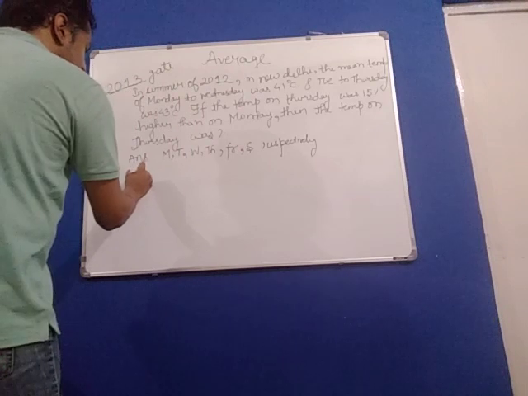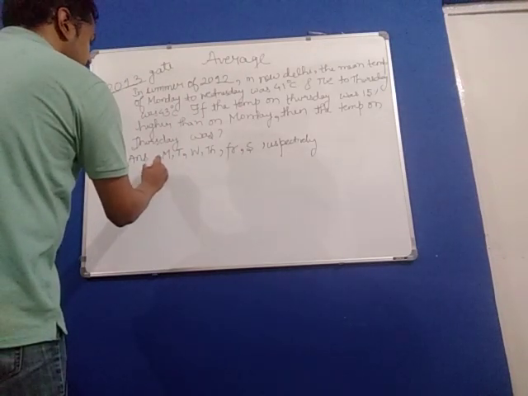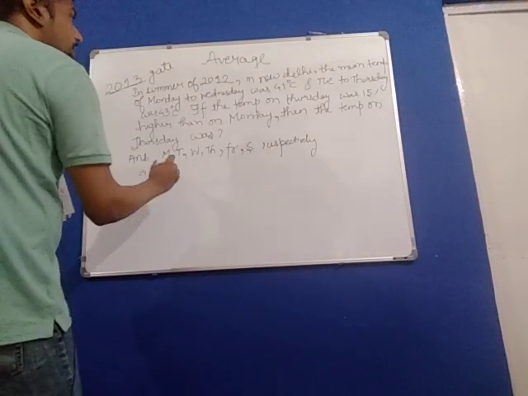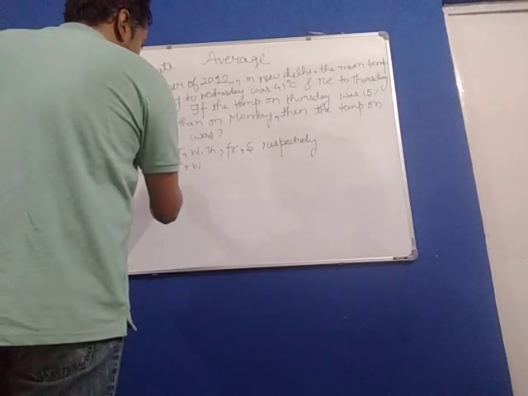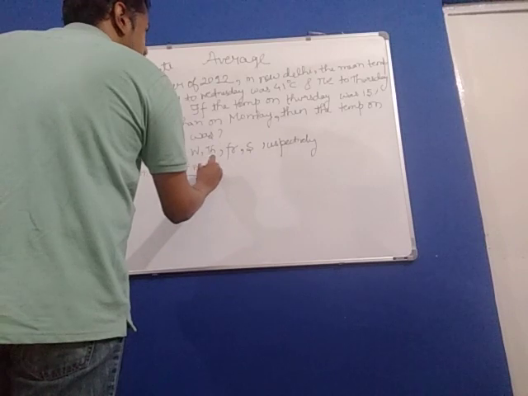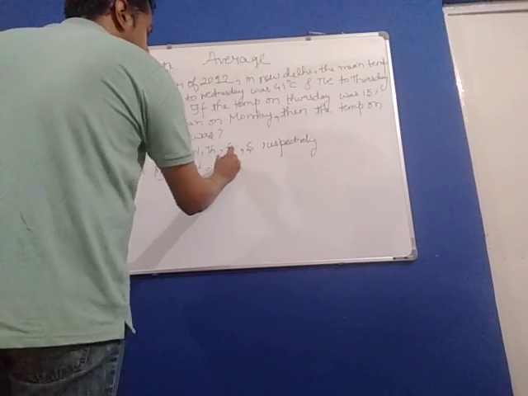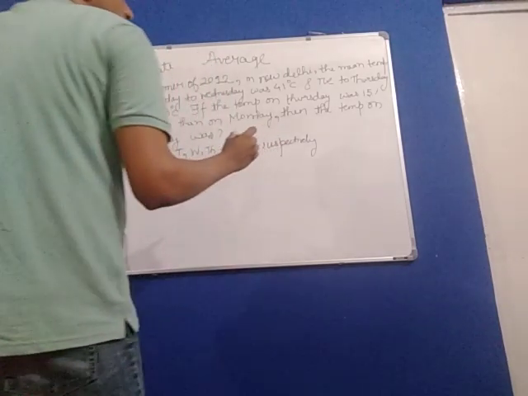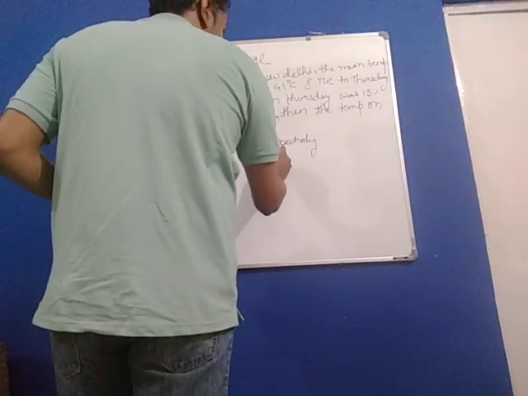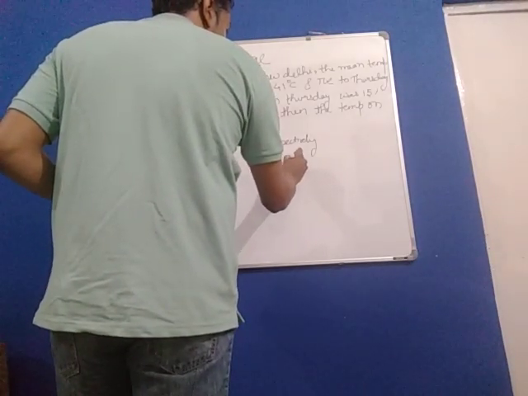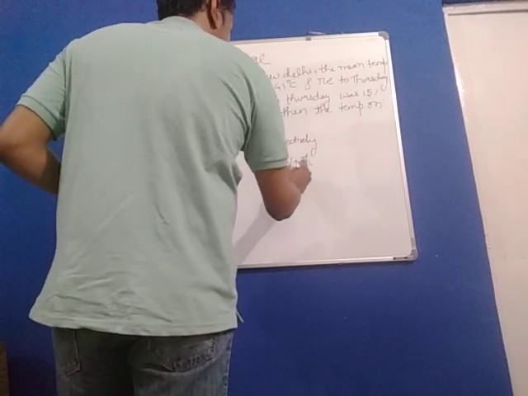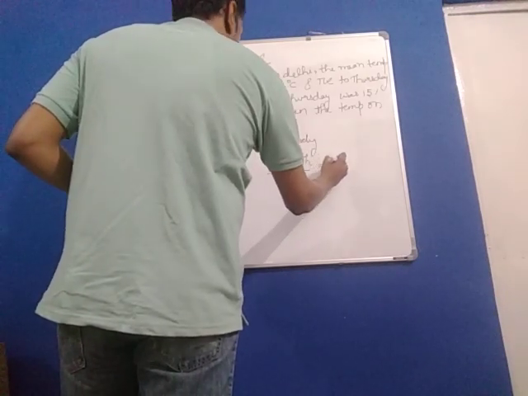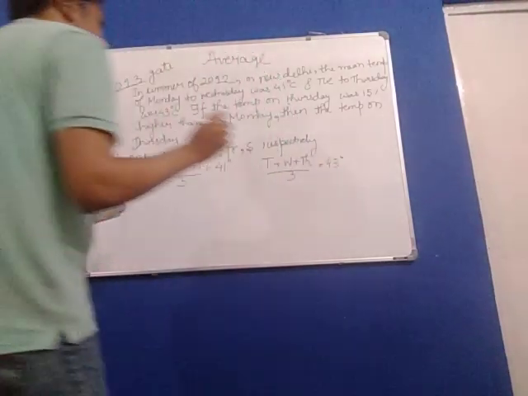In that case, it is given to us that the average temperature from Monday to Wednesday, that is M plus T plus W upon 3, is 41 degrees Celsius, and the average temperature from Tuesday to Thursday, that is T plus W plus TH upon 3, was 43 degrees Celsius.